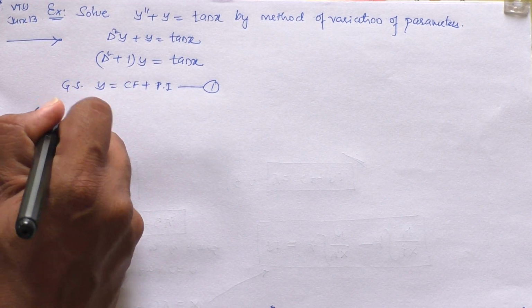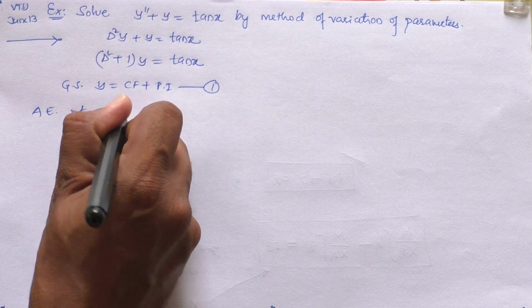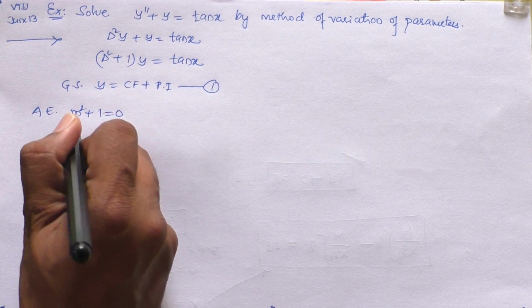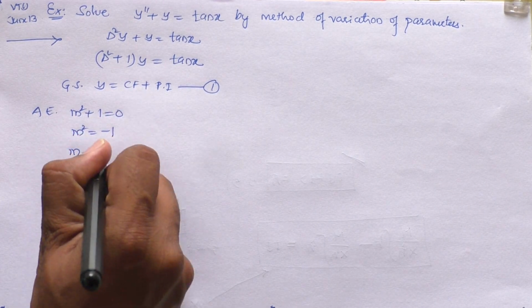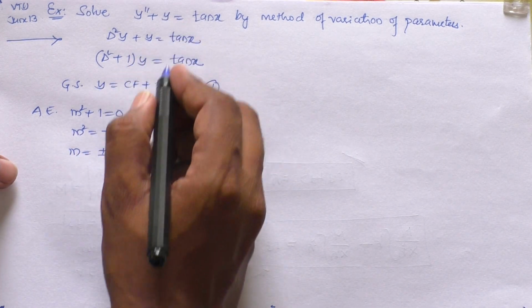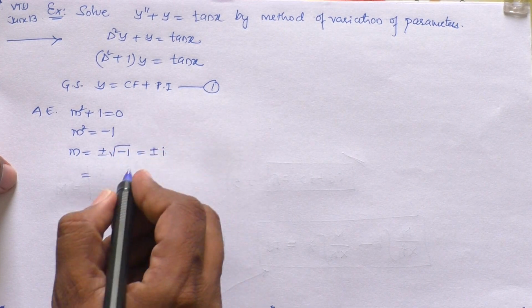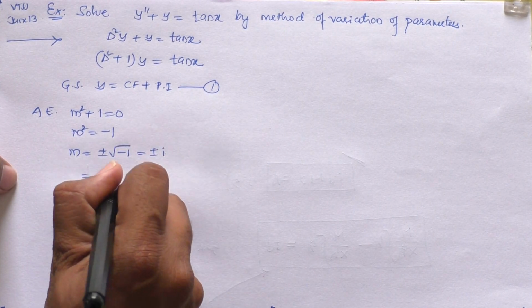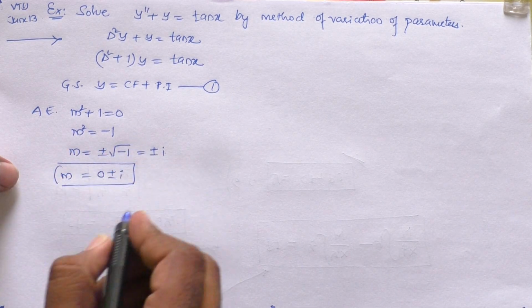So for the LHS, the auxiliary equation: d square plus 1, replace d by m, so m square plus 1. So m square equal to minus 1, m equal to plus or minus square root of minus 1, which is written as plus or minus i. So it can be written as 0 plus or minus i. So roots are complex.